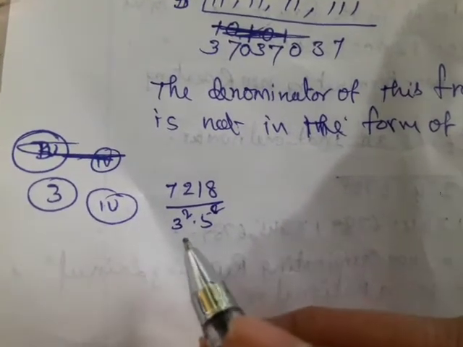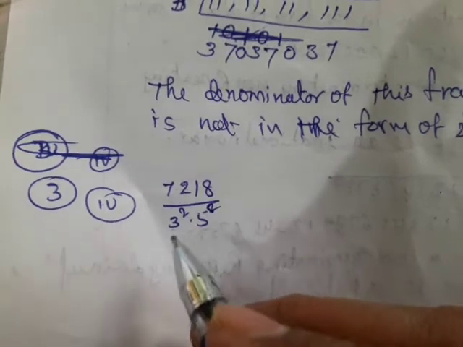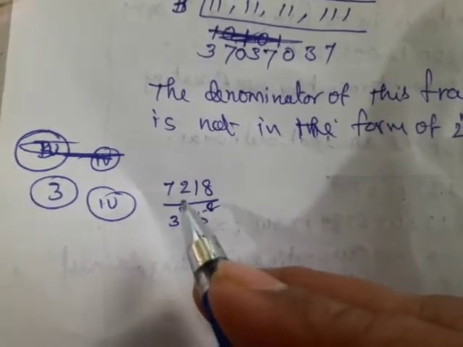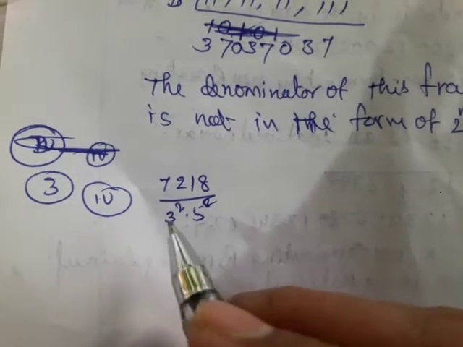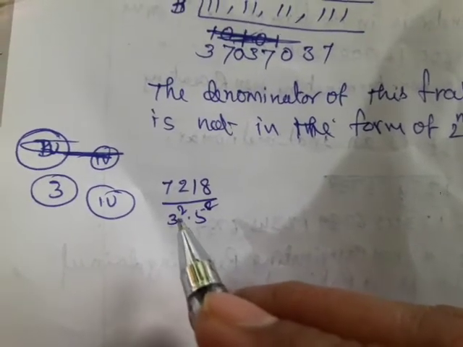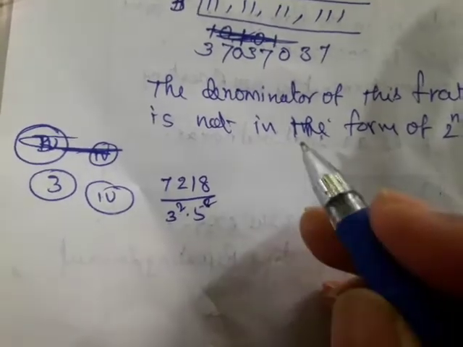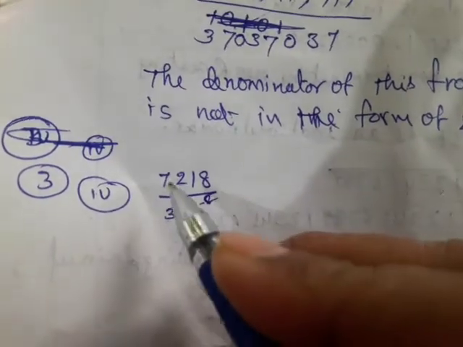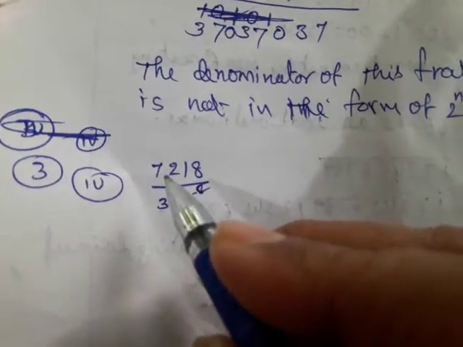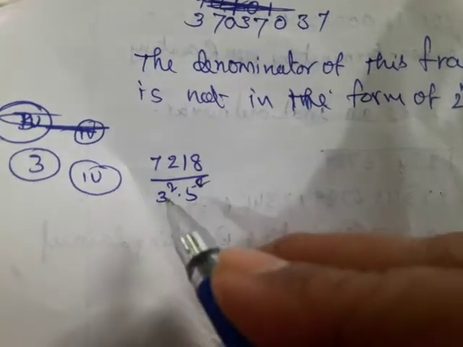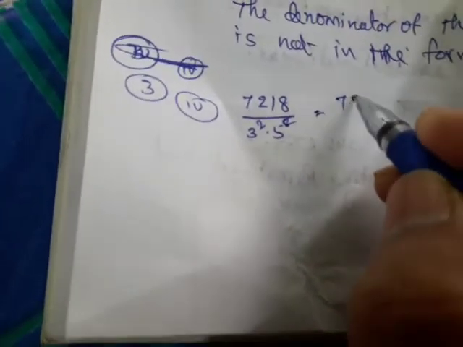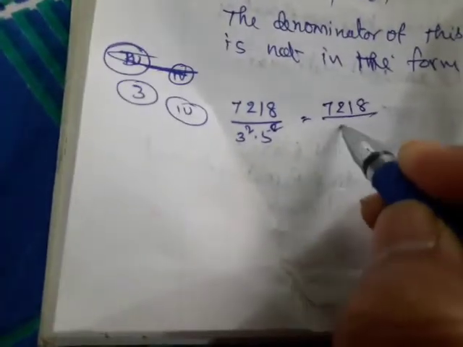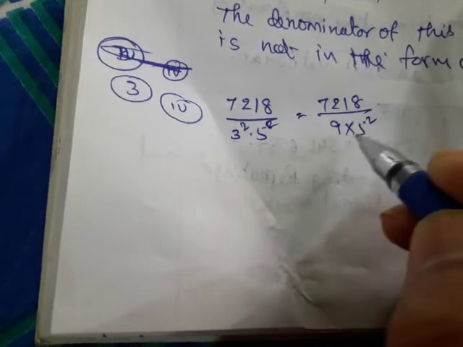Here additionally we have 3 square. You have to remove this 3 square first. So you divide 7218 by this 3 square, that is 9. 7218 by 9 into 5 square.